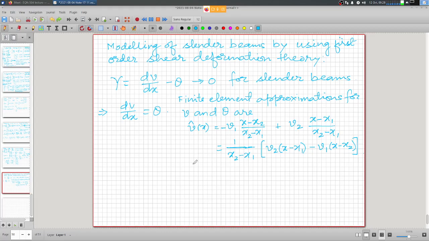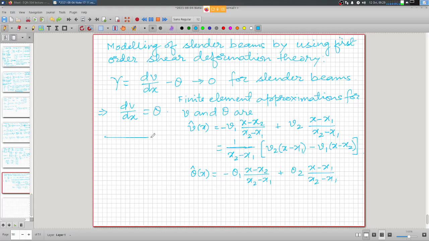That is the approximation for transverse displacement. Theta hat is similarly given exactly: minus theta 1 x minus x2 divided by x2 minus x1 plus theta 2 x minus x1 divided by x2 minus x1.